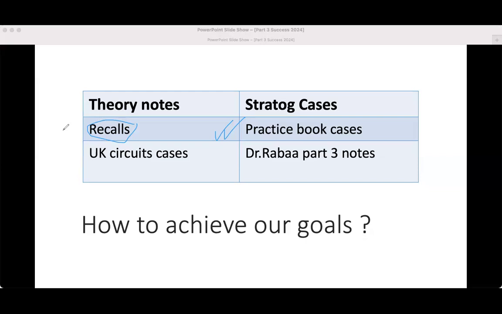So we practice recalls, and recalls are very important. Why is it very important? I'll tell you. Some of the cases that appeared in the Part 3 exam came from topics that are not very familiar in Part 2.